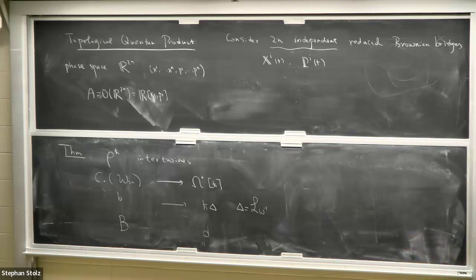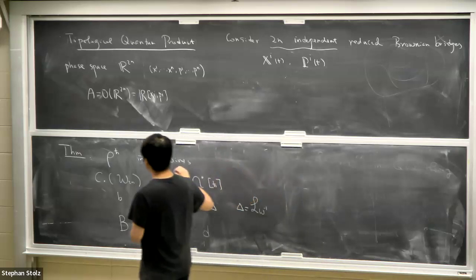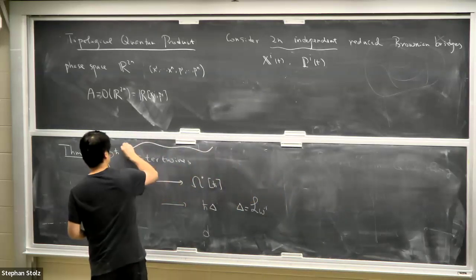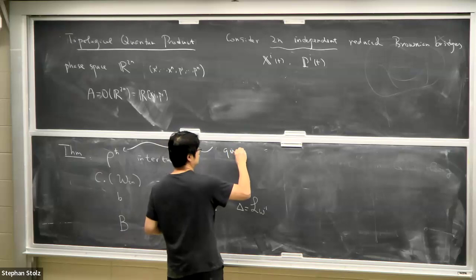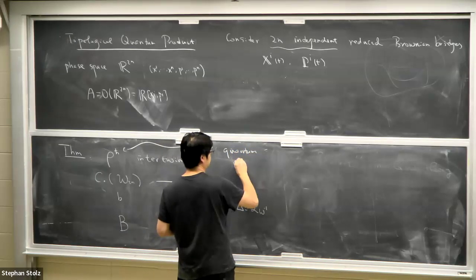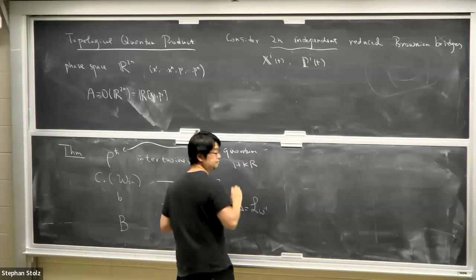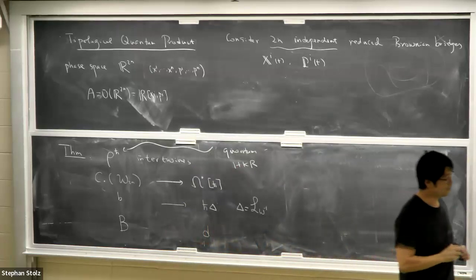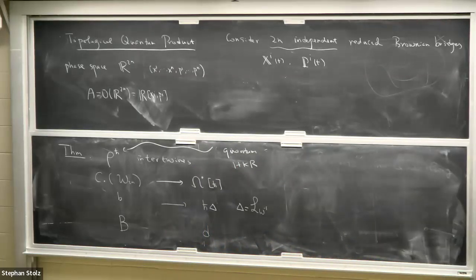When you rescale and H bar goes to 0, it becomes the classical HKR, because in the classical limit this quantum product reduces to the ordinary product, and that's the formula for the HKR.